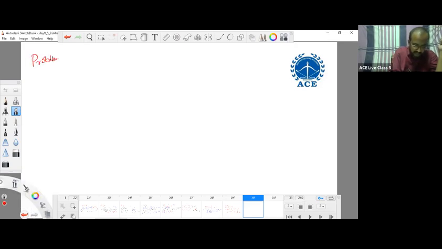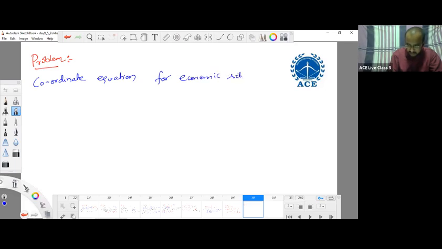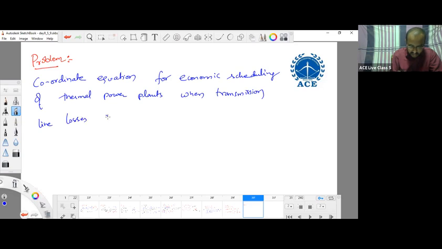The problem statement is like this: what is the coordinate equation for economic scheduling of thermal power plants when transmission line losses are neglected?